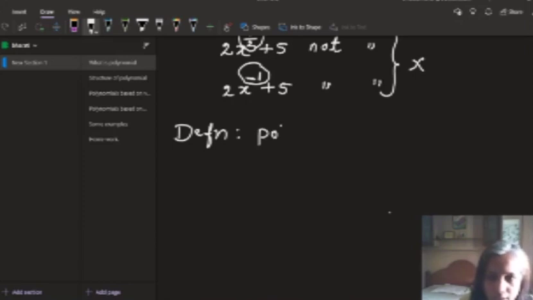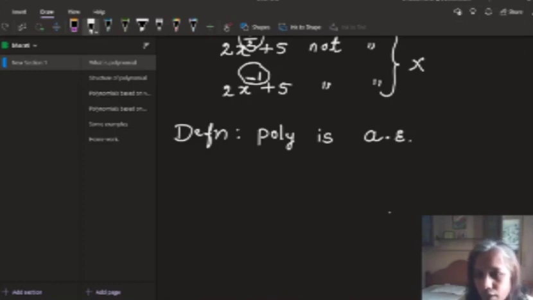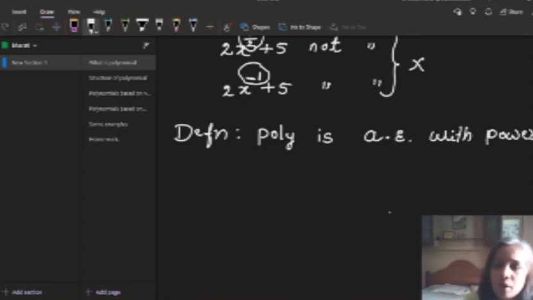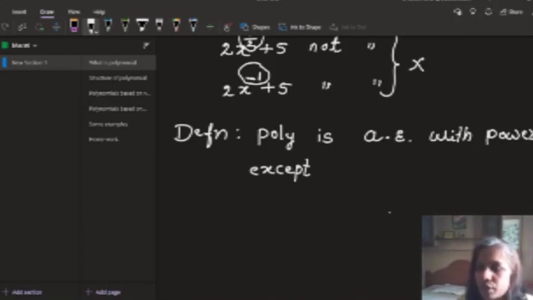Polynomial, in short I'll write it as poly. Poly is an algebraic expression with powers, any kind of power you can have, except... An algebraic expression with powers of variables.